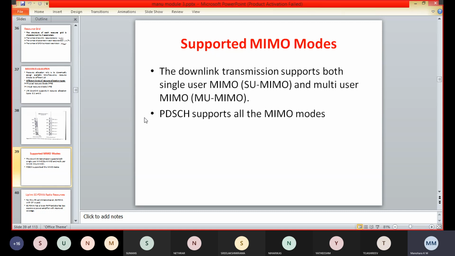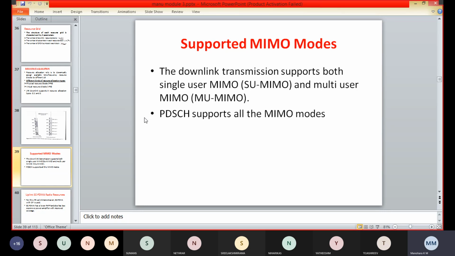It is considered a key component of the LTE physical layer from the start.